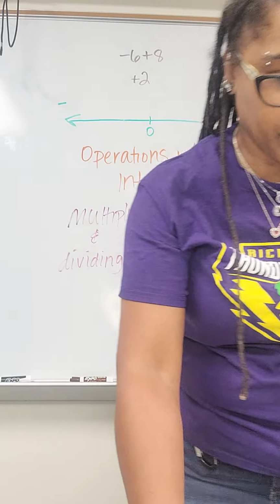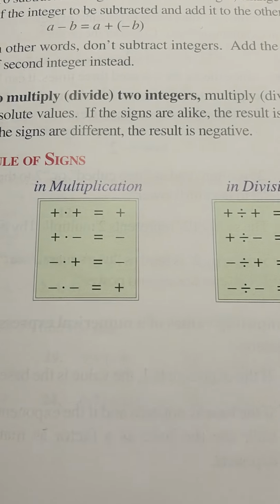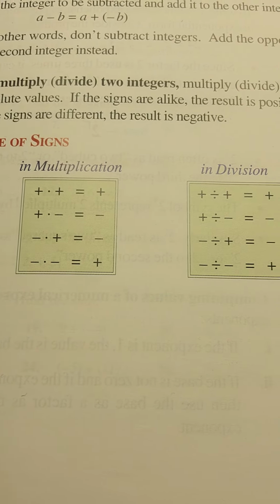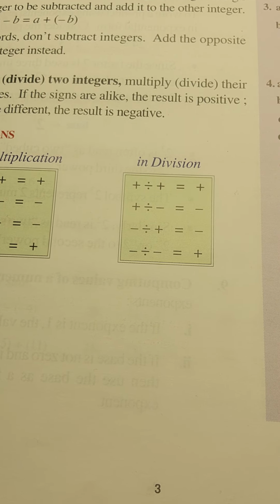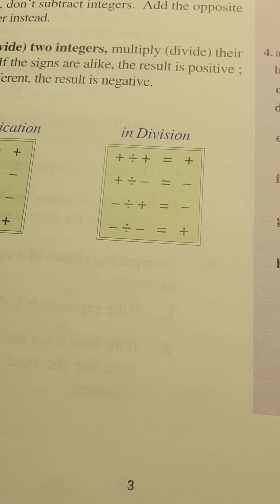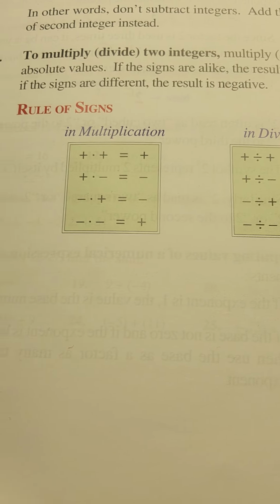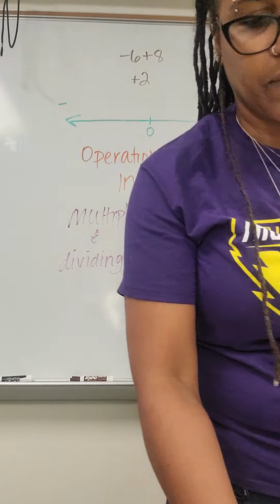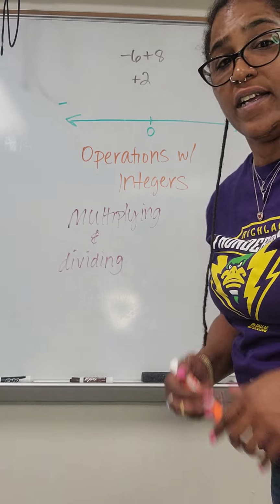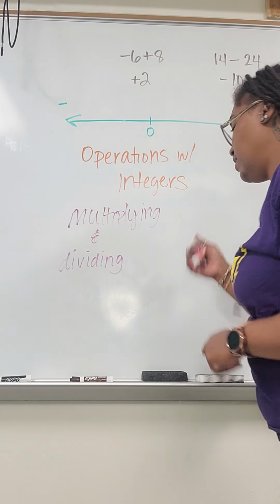And it says here in the book, it tells you all about it. To multiply and divide integers, it says do all this. It has a great explanation, right? Okay. Well, I'm going to summarize what that says. You ready? This is what we do for multiplying and dividing integers.